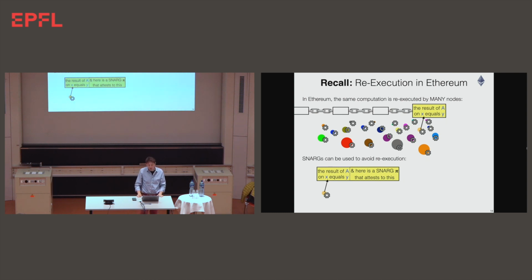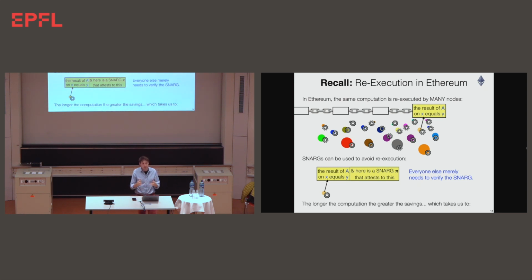Okay? SNARKs give you more and more savings of verification over execution the bigger the computation is, right? So what you really want to do is capture even greater savings, and the idea is to batch many transactions into one enormous computation and run a SNARK on that.